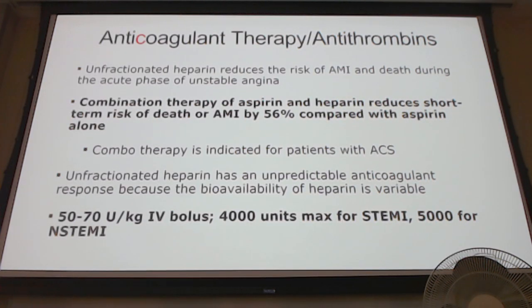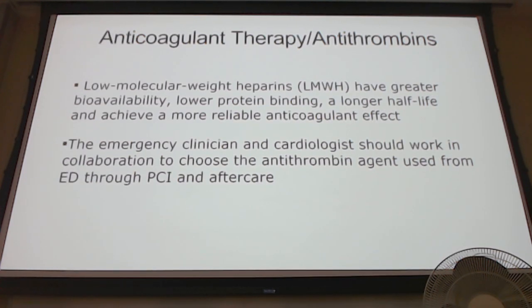I already kind of said the dose, it can be variable, so it's important to know 4,000 units, and then sometimes we use 5,000 depending on the patient, or sometimes your facility will have a policy in place where you push 5,000 as the max units instead of 4,000, but nothing to really wrap your head around.